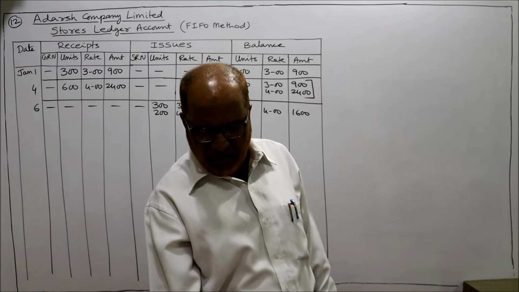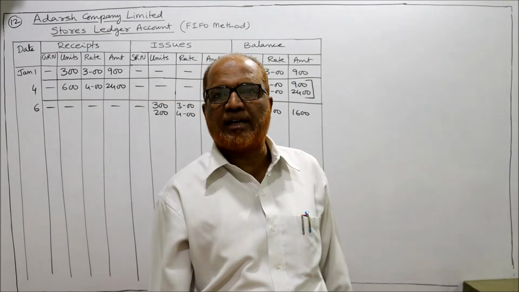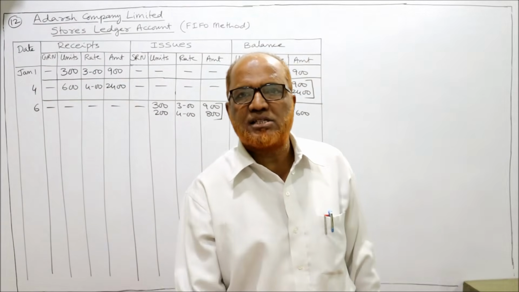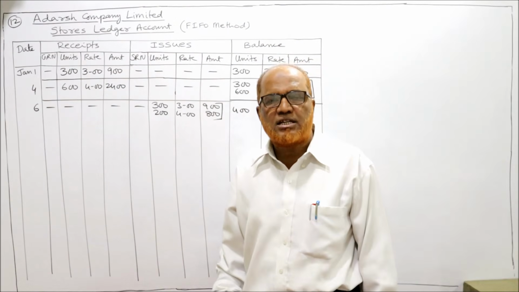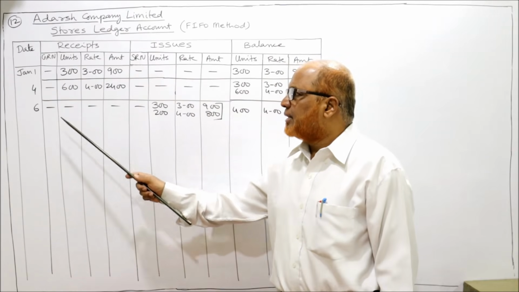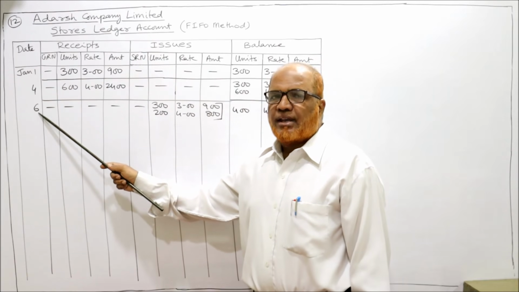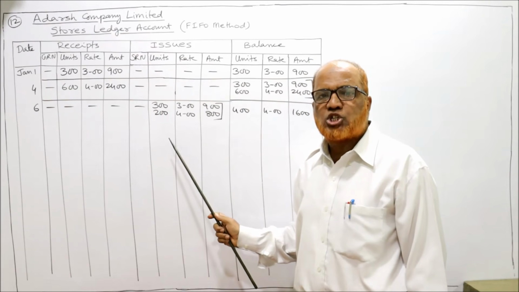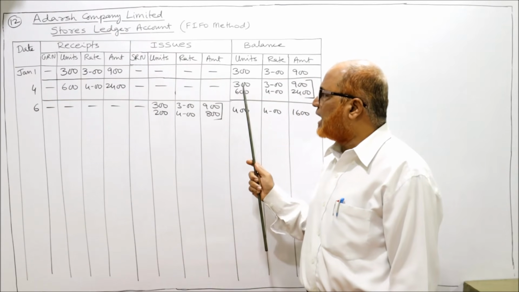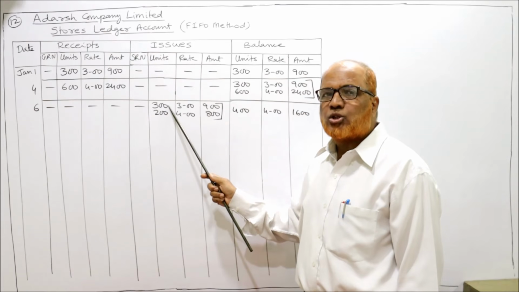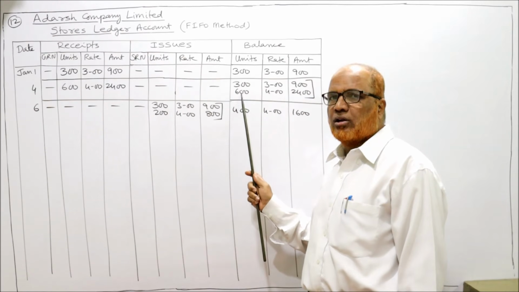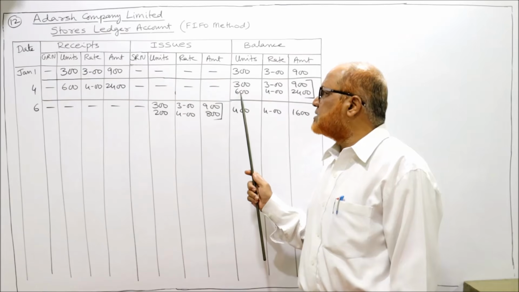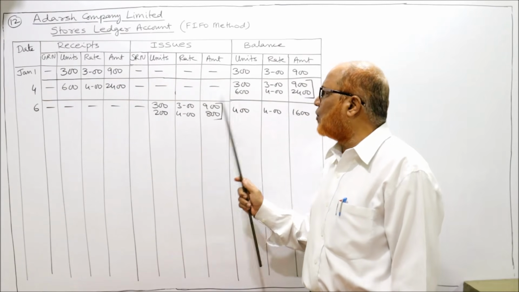So after every receipt and issue, we have to strike a balance. Now this is the first problem, so I am going a little bit slow, in detail. So 6th January, it is given in the problem 500 units are issued. So how to issue 500? First 300 I am issuing fully. Remaining 200 I am issuing from second lot. Second lot 600, out of 600 I issued 200 at 4 rupees.